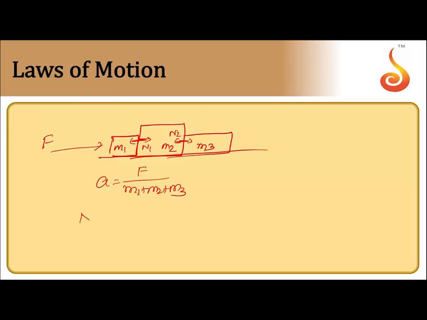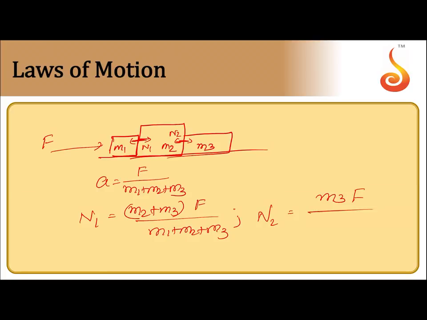Then N1 is equal to m2 plus m3 into applied force F divided by m1 plus m2 plus m3, and N2 is equal to m3 into F divided by m1 plus m2 plus m3. You may also notice what if the force is applied from the other side. I will leave it to you.